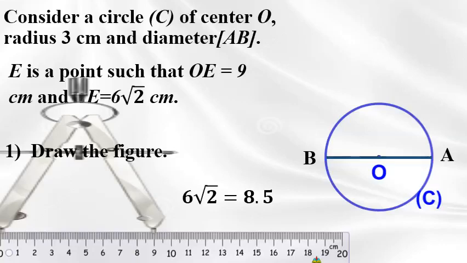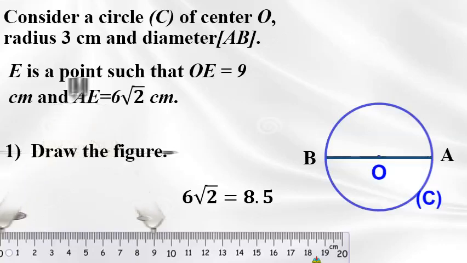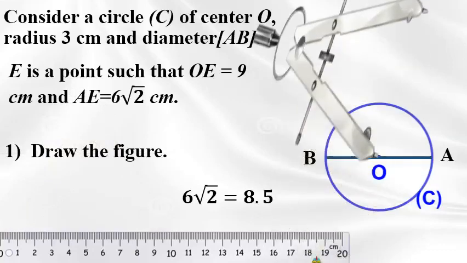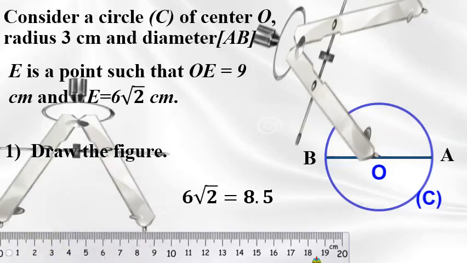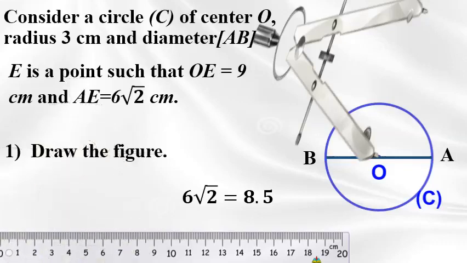We start first with 9 centimeters. We put the sharp side of the compass on the center of the circle, and with the other side we draw an arc. Then we open the compass again to 8.5 centimeters, which is 6 square root of 2, put the sharp side on A, and draw another small arc.